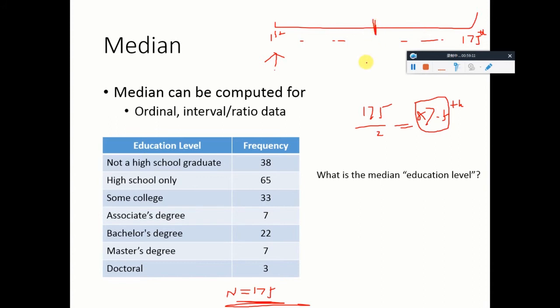Okay? So we're asking, what is the value here? Because we have 175 people, the central value for the sample will be 87.5.